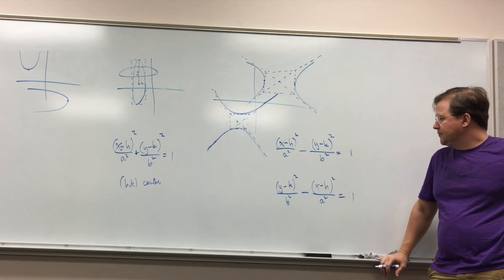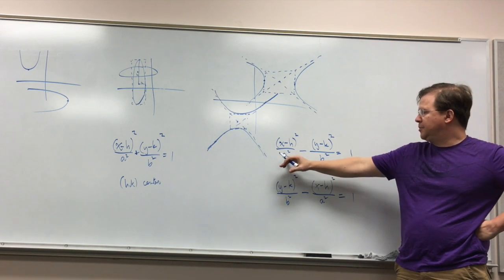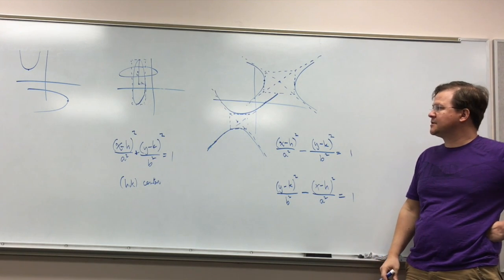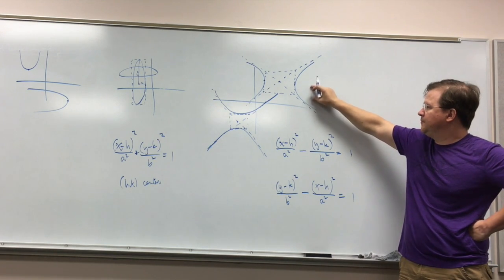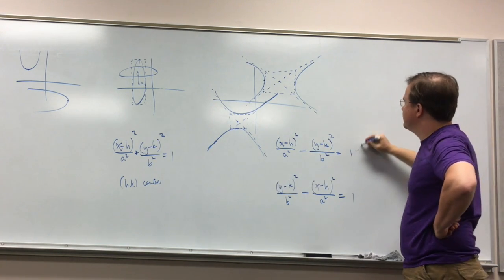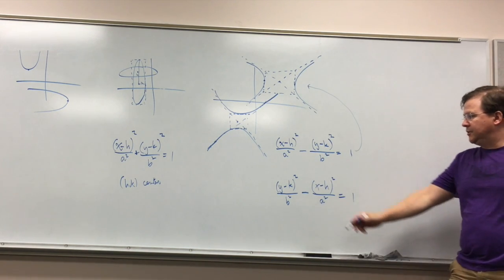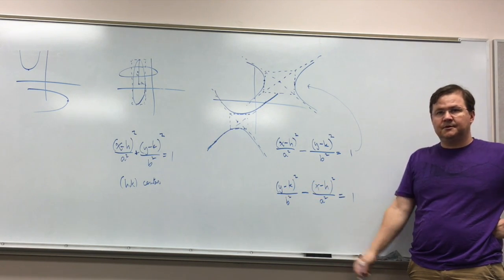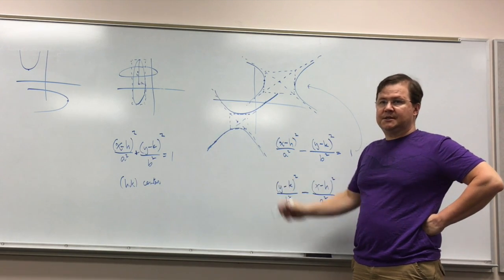But when the positive term is the x term, that means this is going to have x-intercepts, like this one right here. But when the y term comes first, that means it's going to be opening up and down like this instead of side to side.